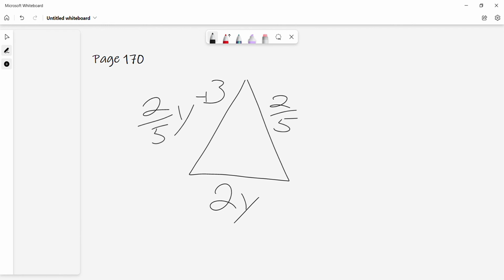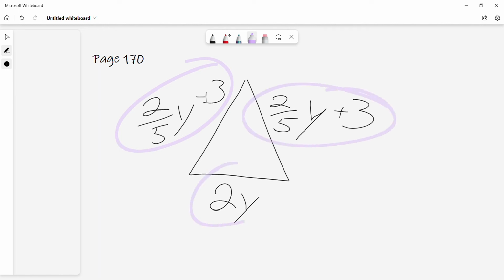I have to write gigantic in order to make it visible. Write an expression for the perimeter. Just like we did in the previous problem, we're just going to add all of these 3 things. We're going to end up with a whole bunch of terms, and then we're probably going to be able to combine the terms, I believe.